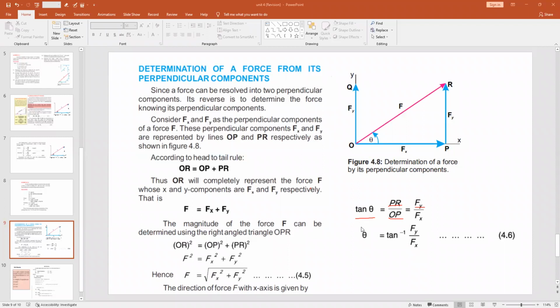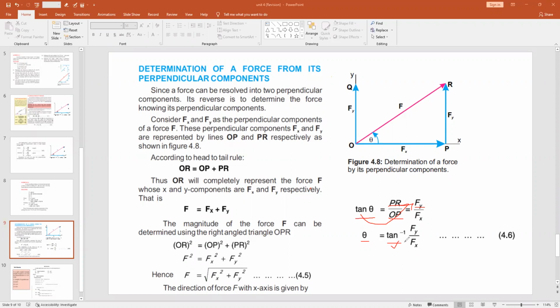As the direction is given with the help of angles, we have to take this tan to the right side. If we move this tan to the right side, theta is equal to tan inverse, because here it is tan. When it goes to the other side, it will be 1 by tan, and 1 by tan is equal to tan inverse, because 1 by tan has a power of 1, and when it goes to the numerator, it will be minus 1.